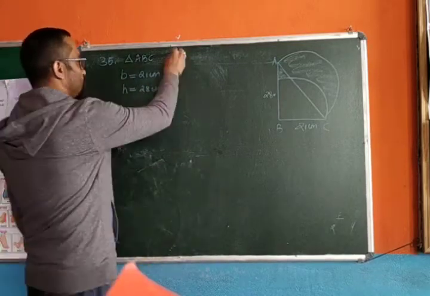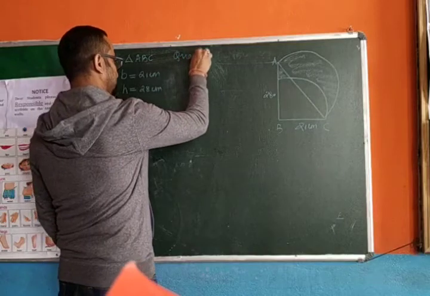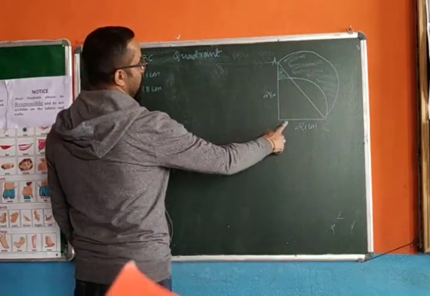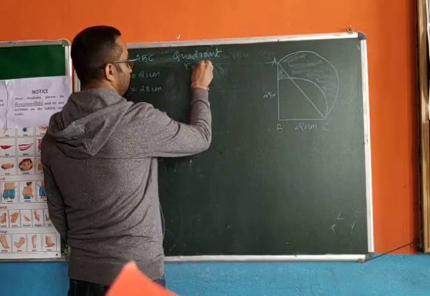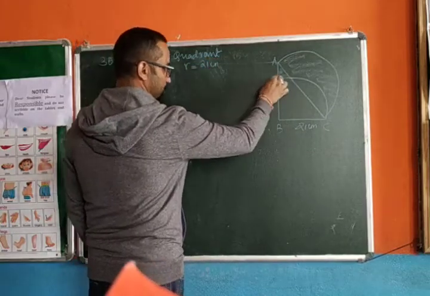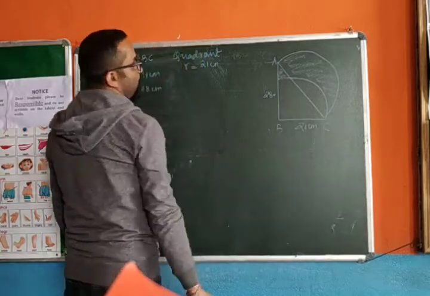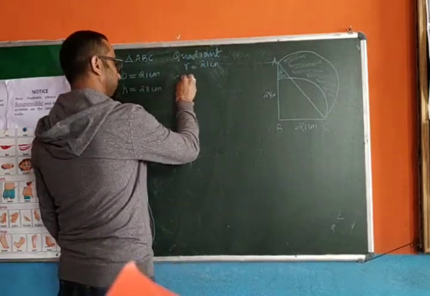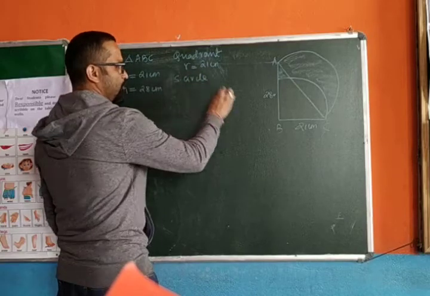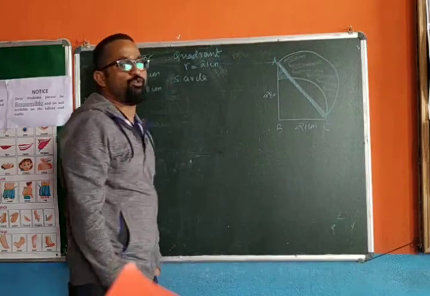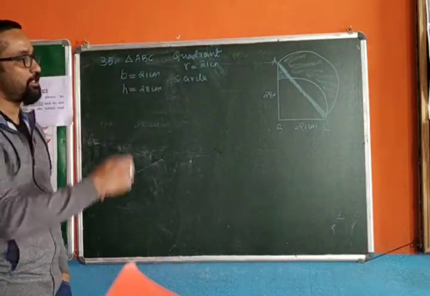Then you have the quadrant. Radius is given 21 centimeter because you get a circle here. Then you have the semicircle. No value is given for the semicircle, neither diameter nor radius.